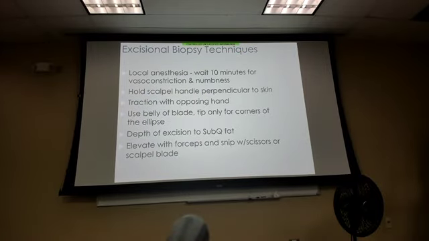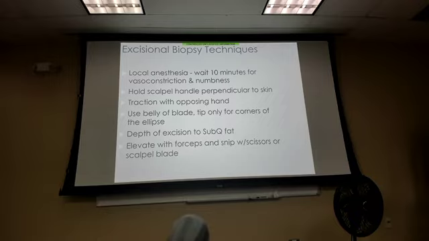Well, we're going to get some of that anesthesia. We're going to wait 10 minutes for the vasoconstriction and the numbness. Hold the scalpel handle perpendicular to the skin, traction with the opposite hand. Use the belly of the blade, so that's that part that just curves.